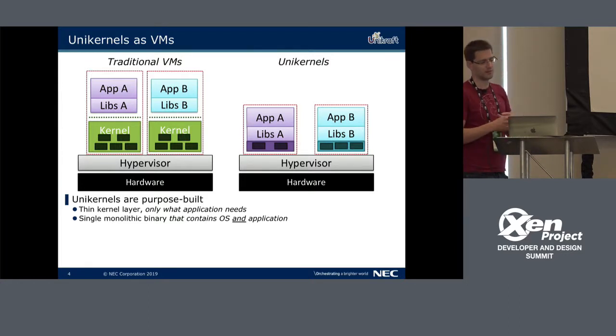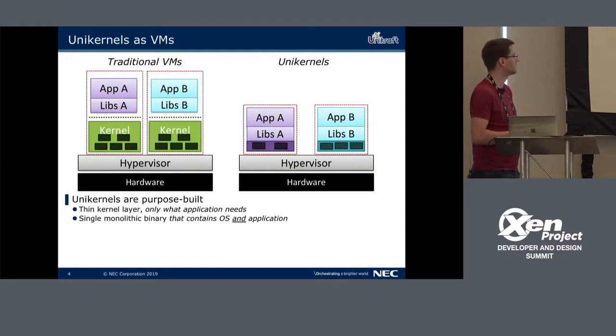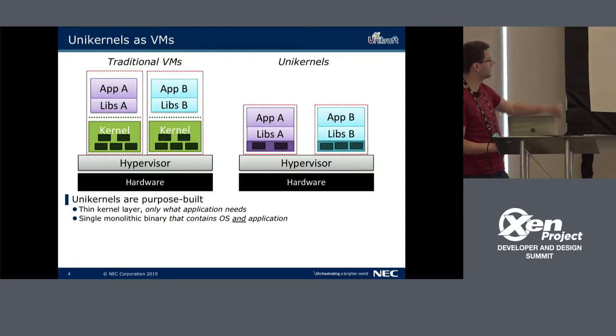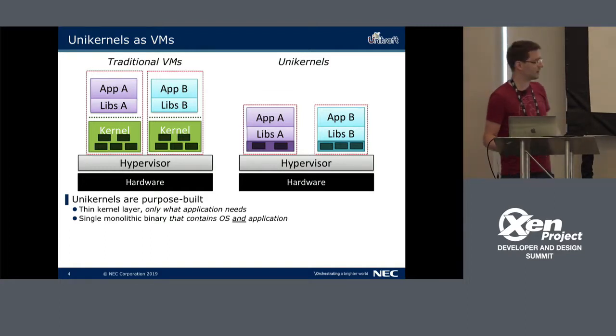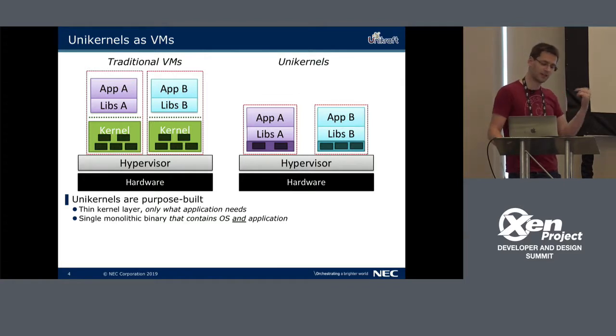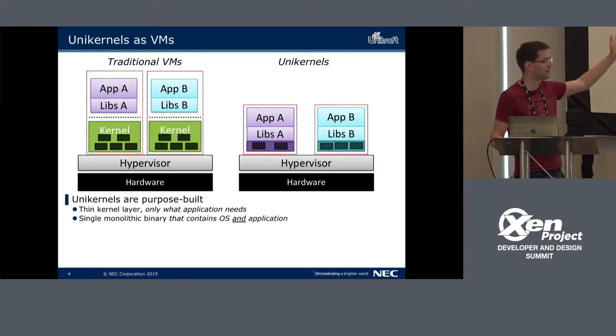One important thing is that unikernels are purpose-built OS layers. You have a thin kernel layer, has only the stuff that the application needs, and on the other side, only the stuff what your hypervisor environment or bare metal environment needs. So you have only, for instance, on Xen, only the Xen drivers within that OS layer.